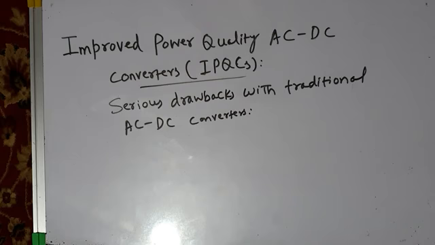My dear students, we have simulated various types of single phase and three phase rectifiers and AC to DC phase controlled converters, and we have done FFT analysis of current drawn by converters under different loading conditions. You have seen that the current drawn by these conventional or traditional AC to DC converters from the source, that is the AC current, is injected with harmonics.